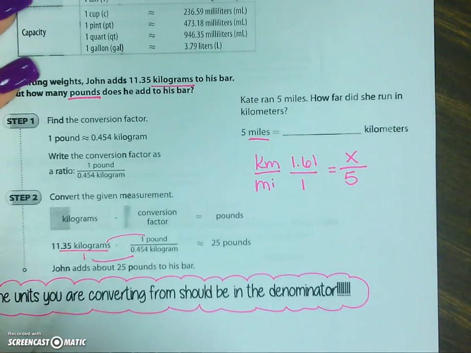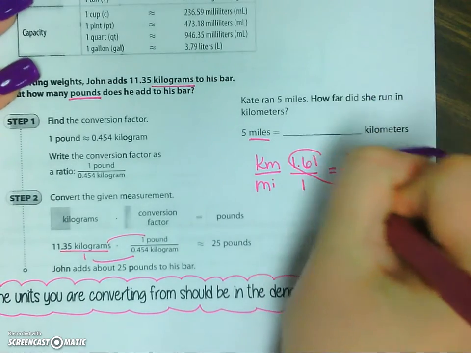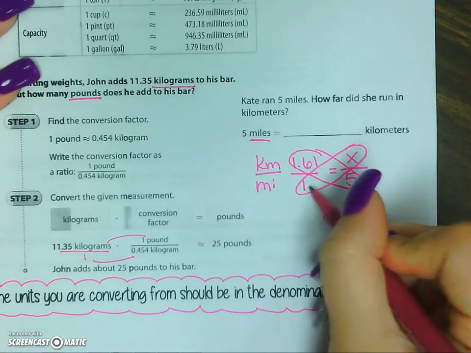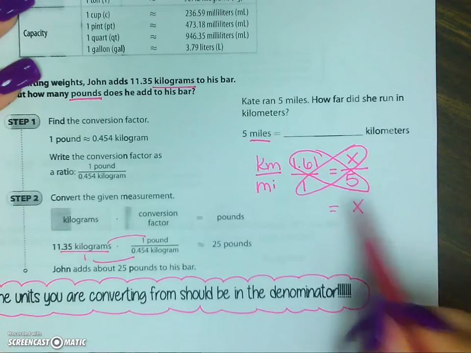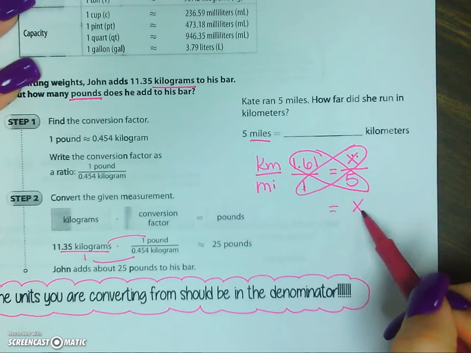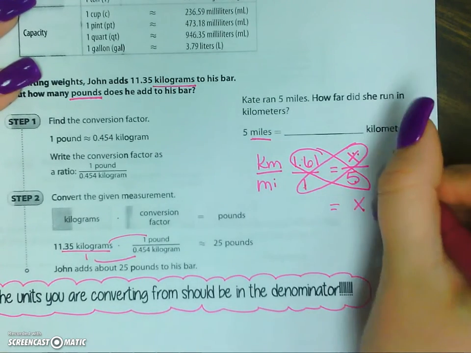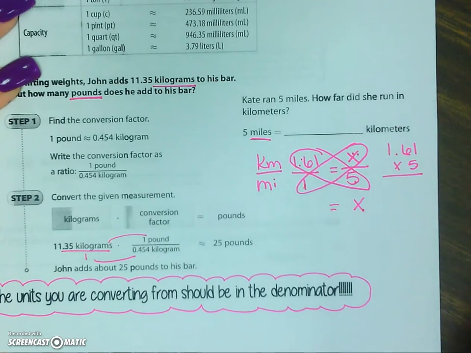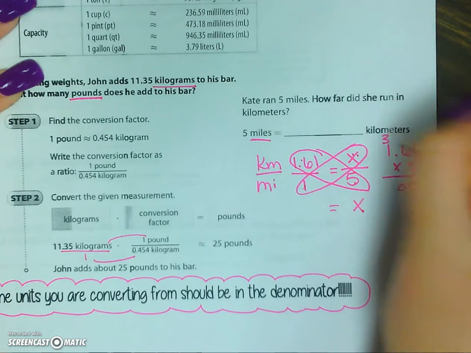Now, this is the next step that you should remember from last year. You're going to cross multiply. Well, 1 times x is just x. So I go across, up, bottom to top, and bring it down. Now do it on the other side. 5 times 1 61/100. So I'm going to go off to the side and multiply. You can pause and do this on your own if you would like.